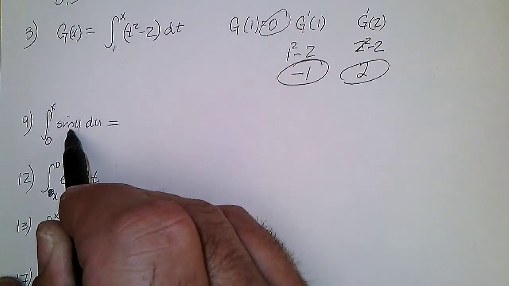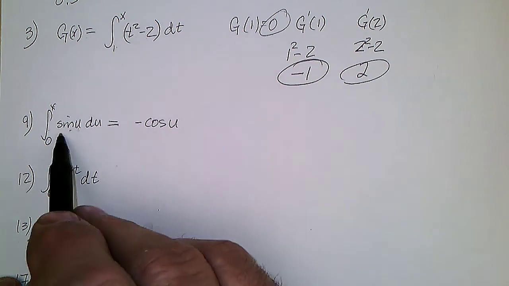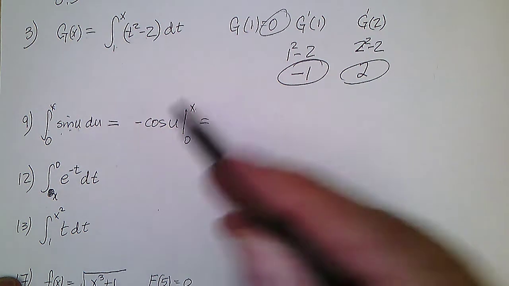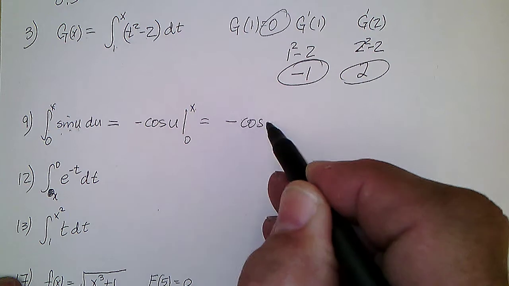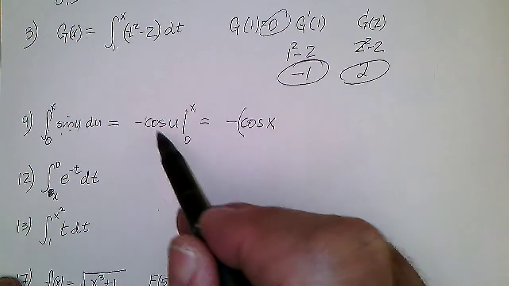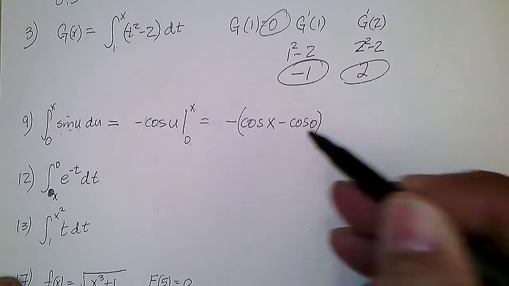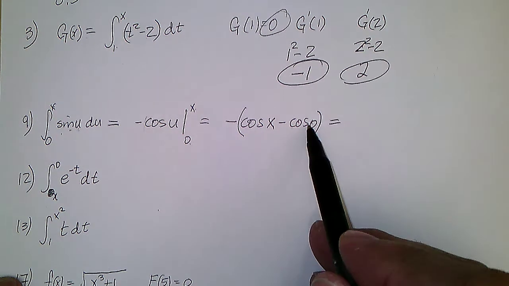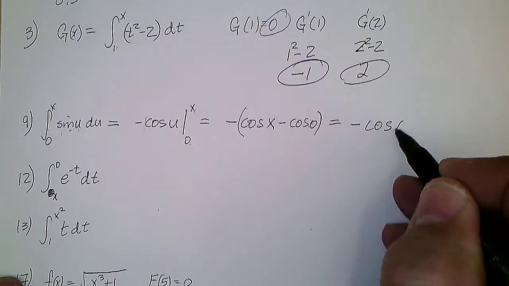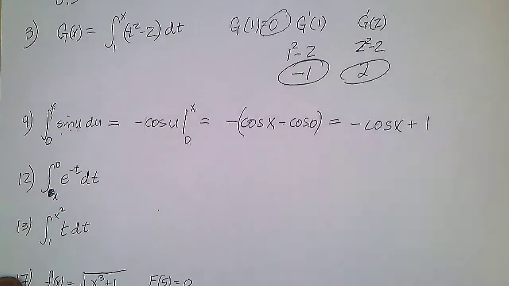The derivative of negative cosine u is sine u, and we're going to evaluate from 0 to x, and so this is going to be x in here, minus cosine of x, and then minus cosine of 0, and the cosine of 0 is 1, so we're going to get minus cosine x minus a minus 1, which is plus 1.